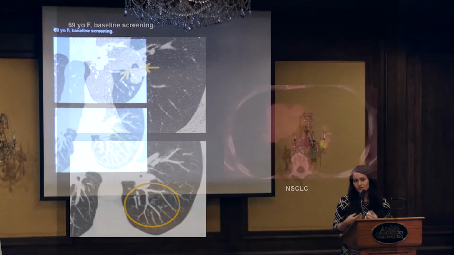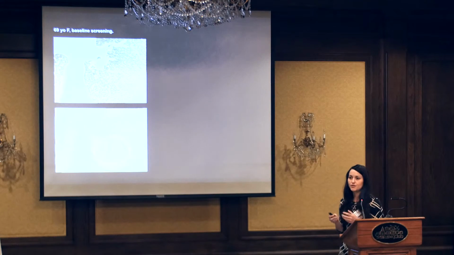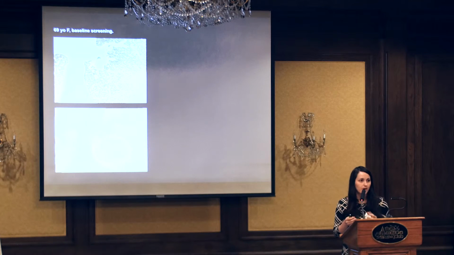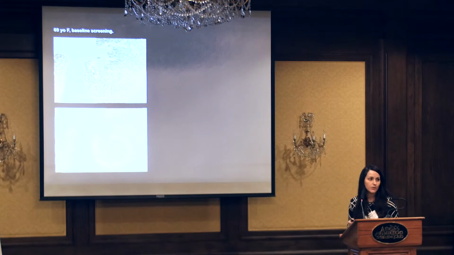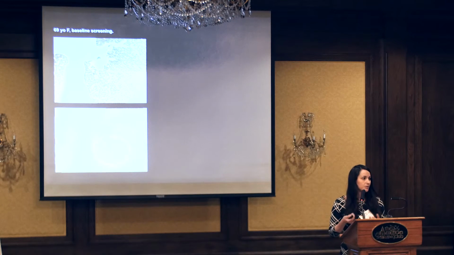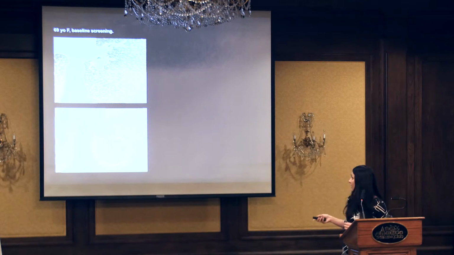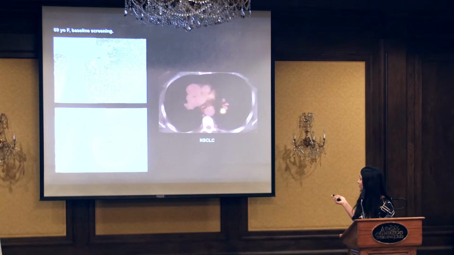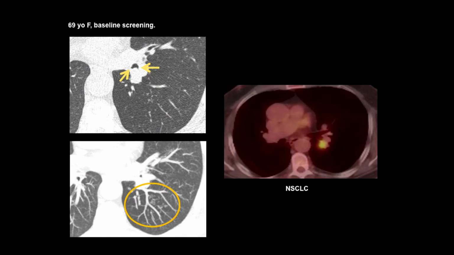People with secretions commonly have tree-in-bud, but if you see an area of tree-in-bud and it's just that area, go back and run the airways again proximal to that, because there may be an endobronchial lesion hiding there. And this was a lung cancer screening baseline, and she picked this up as a non-small cell lung cancer.